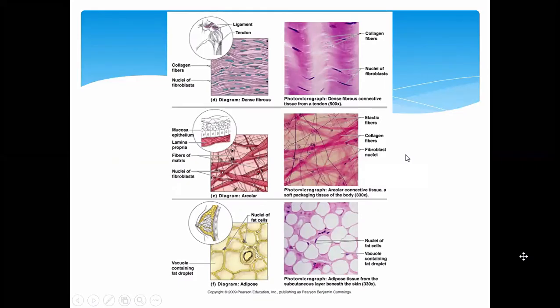Okay, again, the same. So here you have your breast example, adipose, and then you have here the lamina propria of your epithelium. This is the epithelial cells. This is the lamina propria, and then you have here now the collagen fibers.